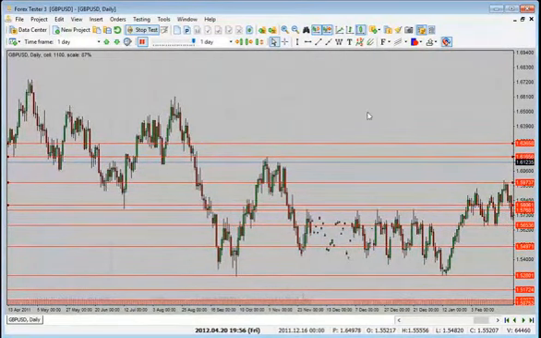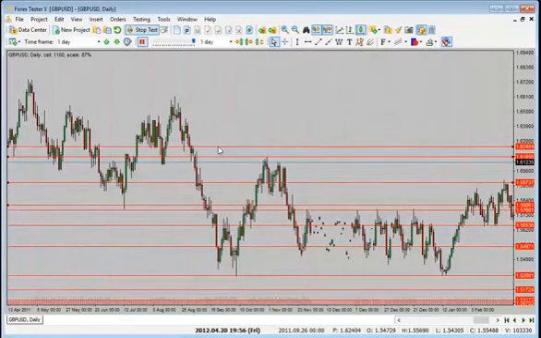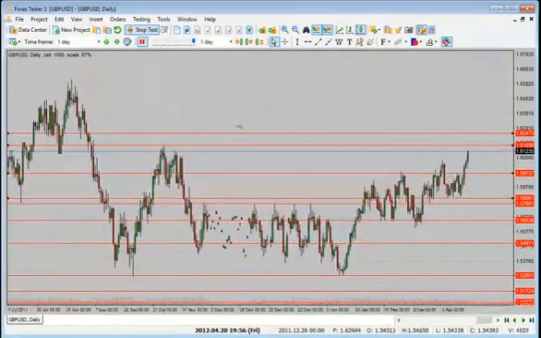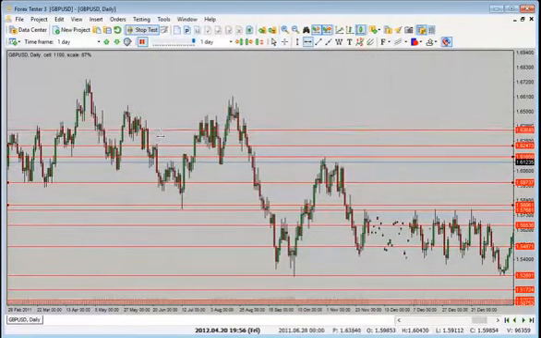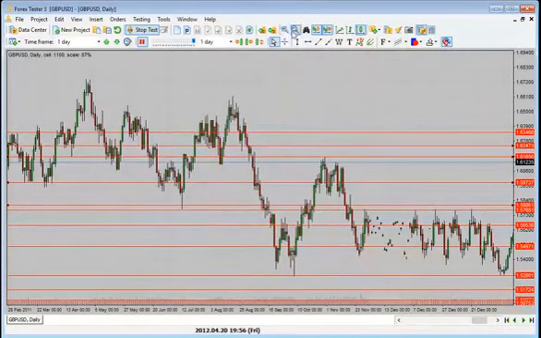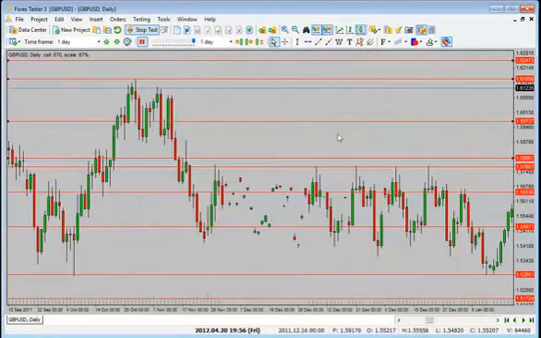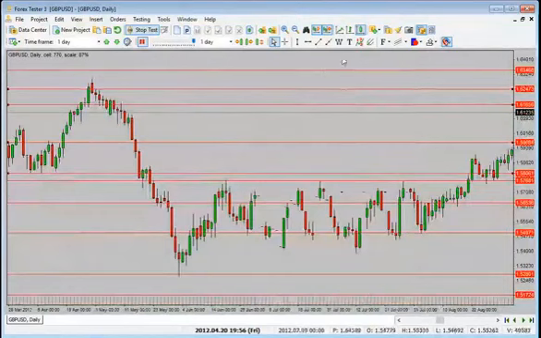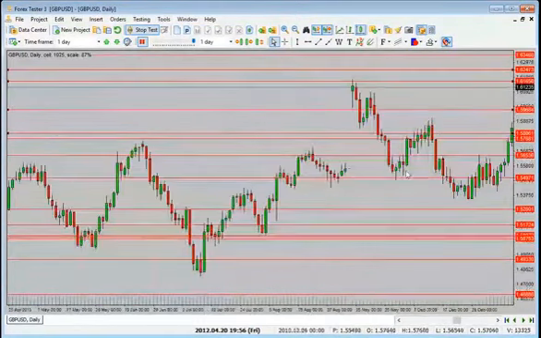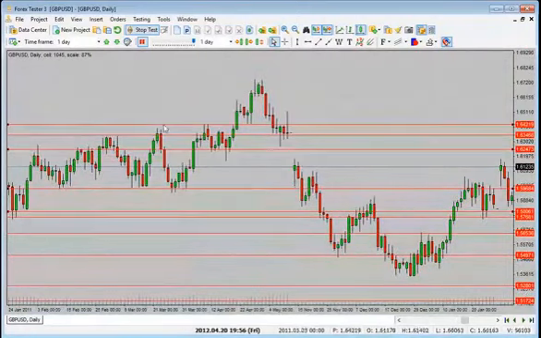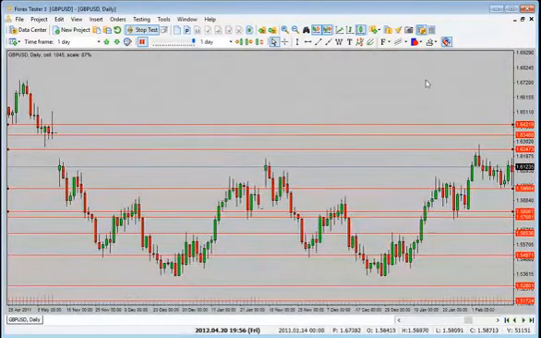So right about there, we have the next level of support and resistance. Above that, about there. Okay, let's see. Where are we? Over there. I went too far.